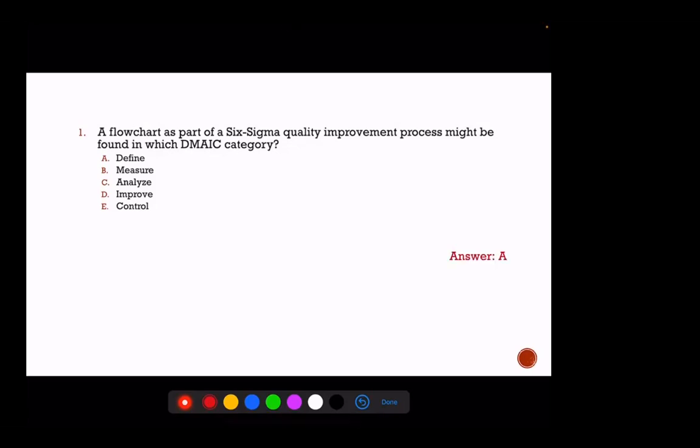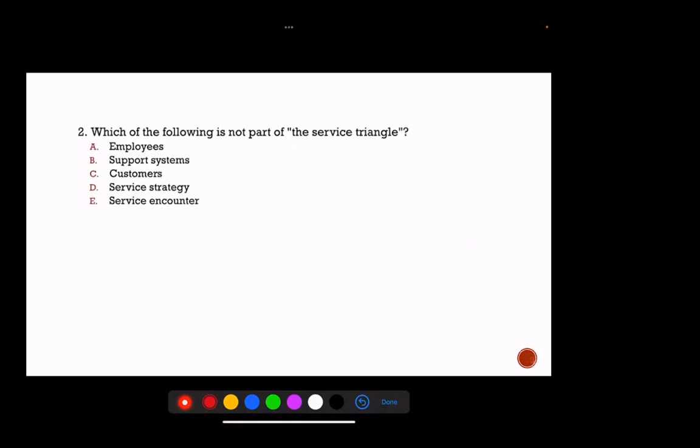So this is the answer for question 1. Now let's take a look at the second question. Which of the following is not part of the service triangle? If you still remember, I gave you a service triangle, you can go over the chapter 9 slides on slide 4. A, employee supports.